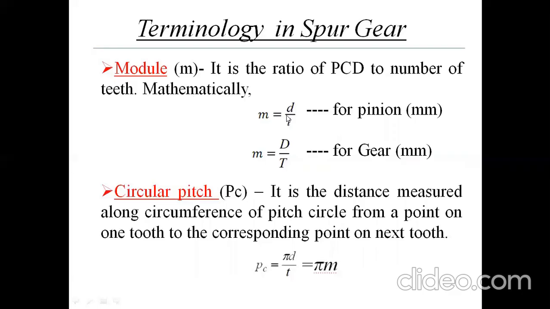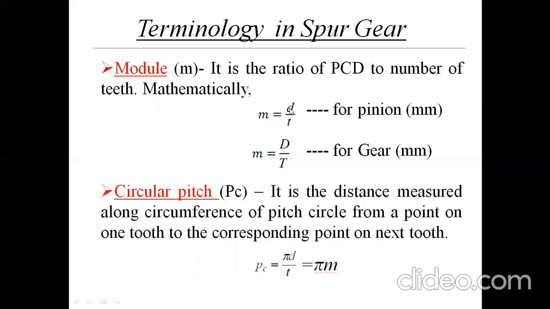Here small d by small t, number of teeth, is for the pinion as it is smaller in diameter.